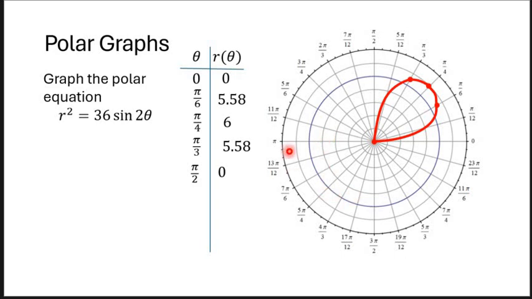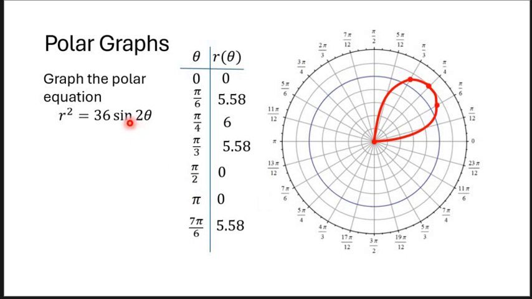So now I'm going to skip all the way down to the third quadrant. I'm going to start with the quadrant angle for that third quadrant, pi. When I plug in pi, well, the sine of 2 pi is 0, so I get 0 again. So I'm still at the pole. So I'm going to plug in another number. I'm going to plug in 7 pi over 6. This one is in the third quadrant here.